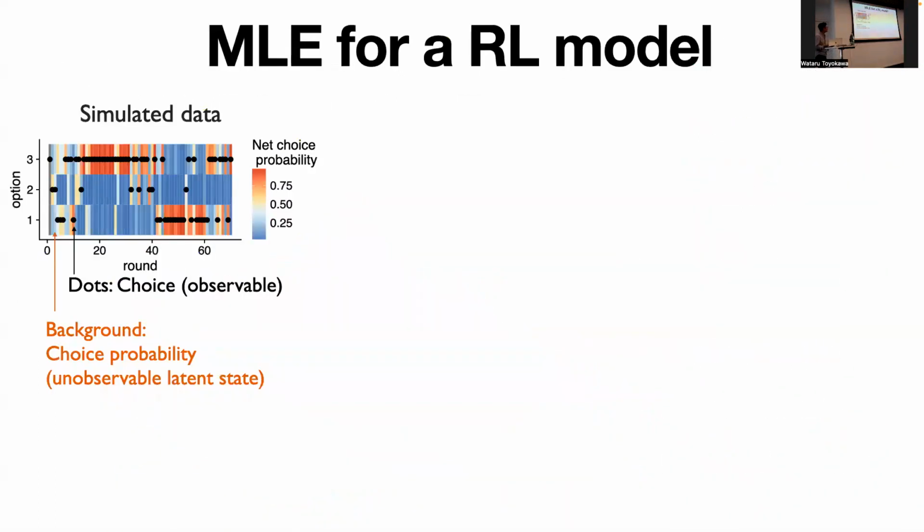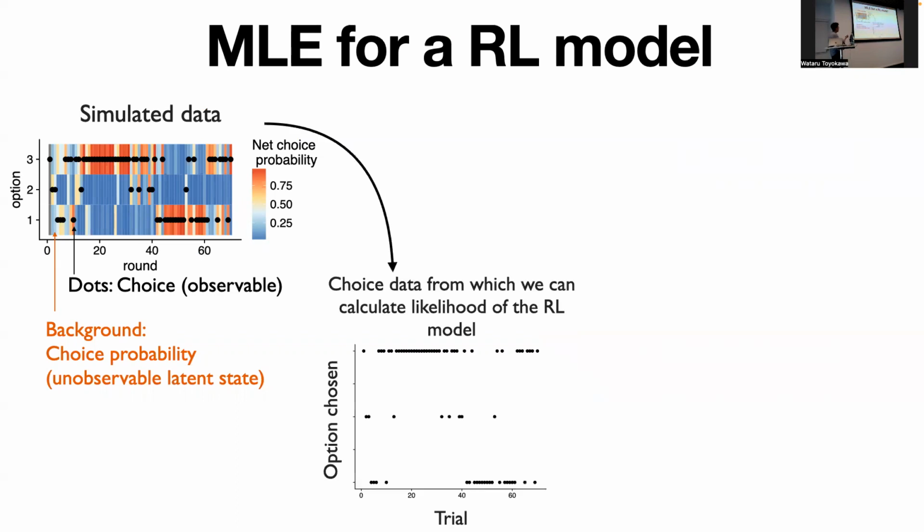So let's use our RL example again as an illustration. Here we're going over rounds. At each round, there are 3 options. The colors here represent the underlying choice probabilities for the model. We don't have access to this. We only have access to the discrete choices, these black dots that are actually chosen. But there is some generative process there, and we're trying to recover that. That's all that we can observe, and this is what we give to the RL model.